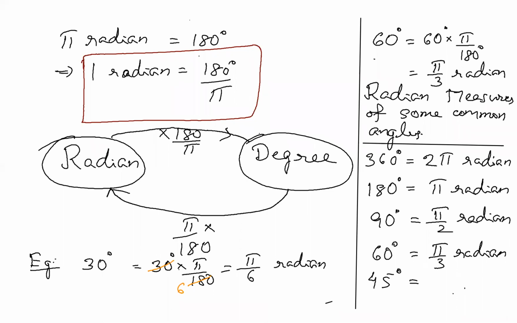Yes, it is pi by 4 radian. Then 30 degree, that also we have written. Pi by 6 radian.